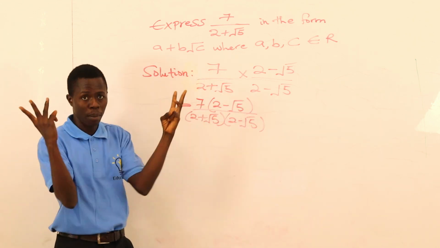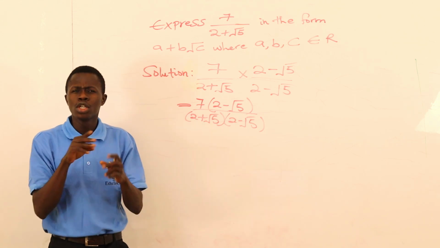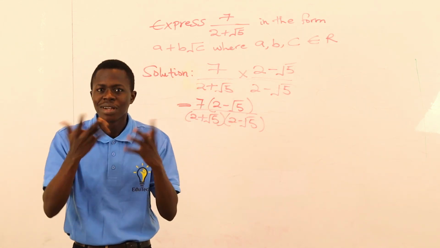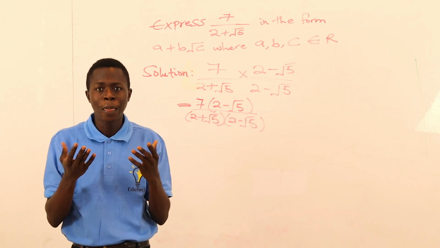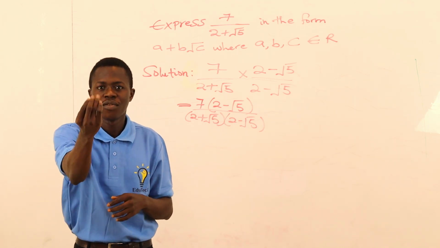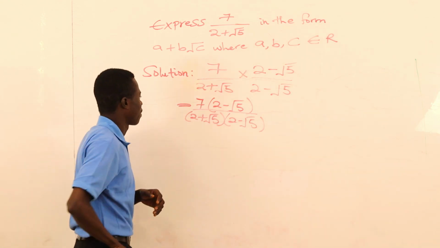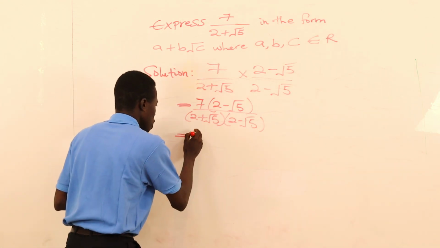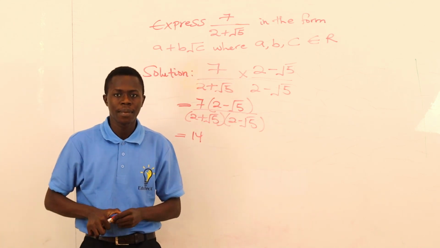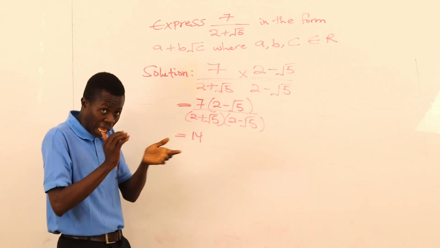So we are multiplying the expressions. Now 7 multiplied by 2, that's what you are going to do first. What would the answer be? So our answer is 14. Yes, 14.